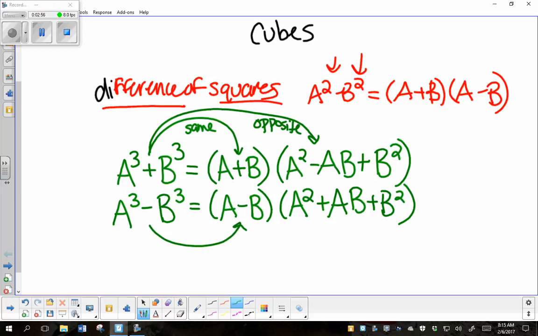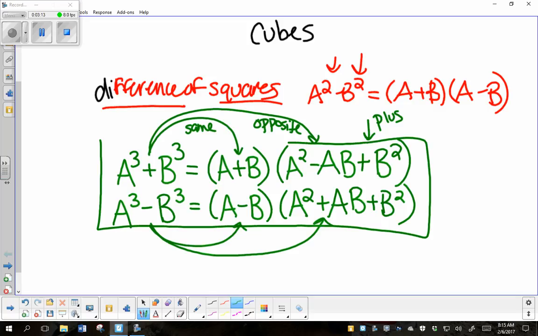Same sign in the first set of parentheses, and then this sign is always opposite of what you had in the beginning, and then this last sign is always a plus. So those are just some tricks to remember those signs, but these two formulas for how to factor a sum or difference of cubes are very, very important, and you have to know them.